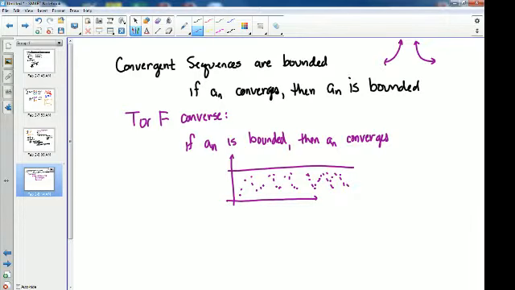Right? Okay, so the converse is never true. This is just a mathematical fact. If you know that this is the converse, you can just know it's never true.